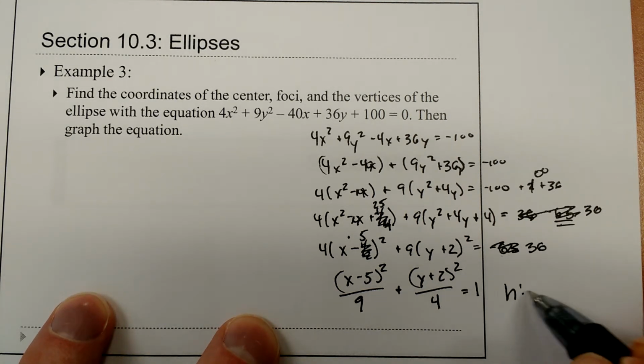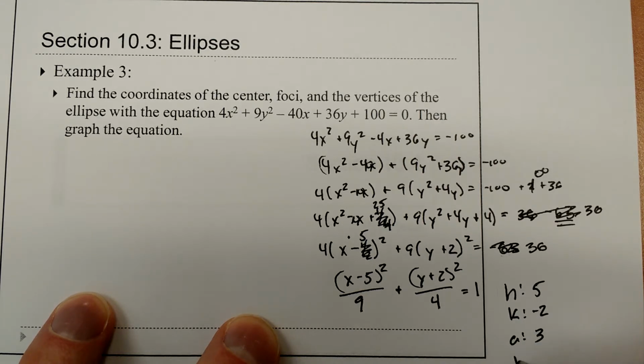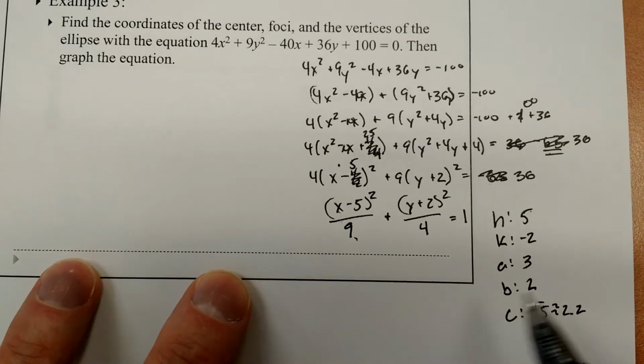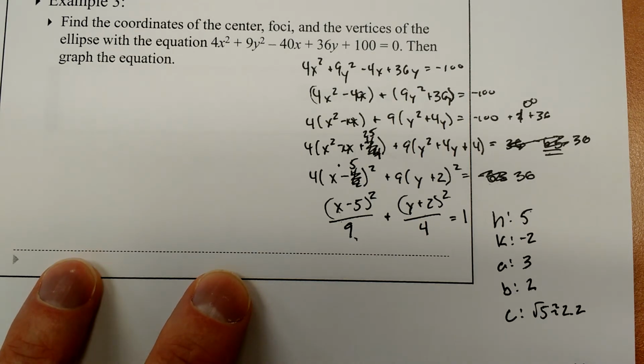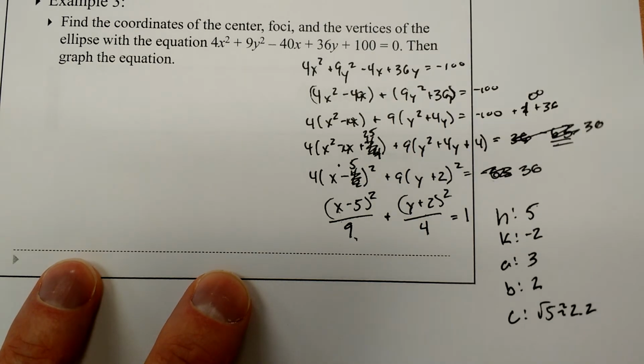So h is 5, k is negative 2, a is 3, b is 2, c is root 5, which is about 2.2. So the center lies at (5, -2). It's going to be 3 wide, because 9 is underneath the x's, and 2 up and down, because 4 is underneath the y's. I'm not going to sketch this because I don't have nice graph paper, but that would be the work to set up the problem.